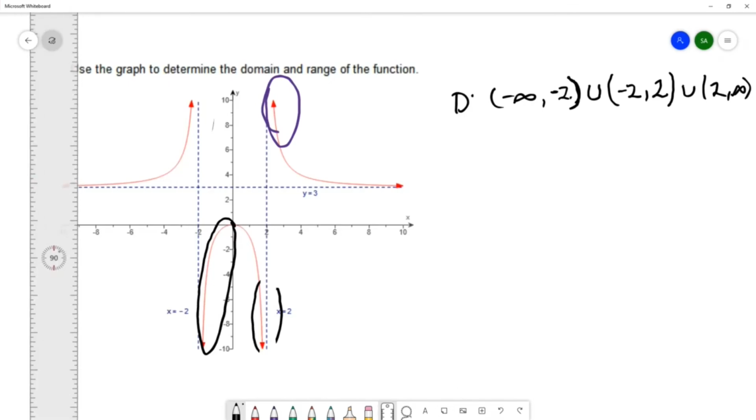The domain of this graph is from negative infinity to negative 2, union with negative 2 to 2, union with 2 to infinity. If we think about this on a number line, we're saying that negative 2 and positive 2 are not part of the domain, and every other number on the x-axis is a part of the domain.